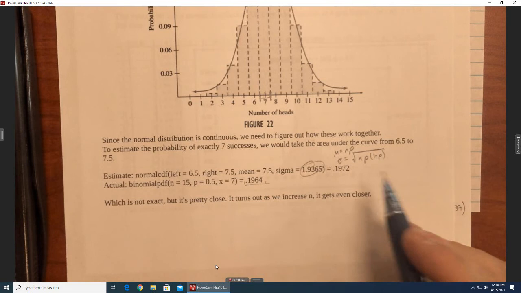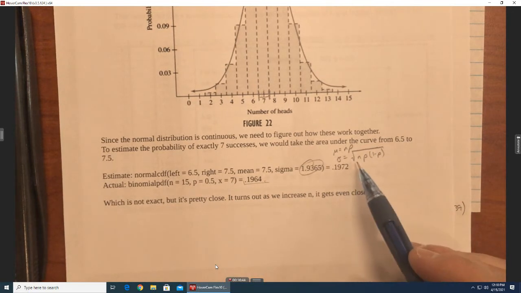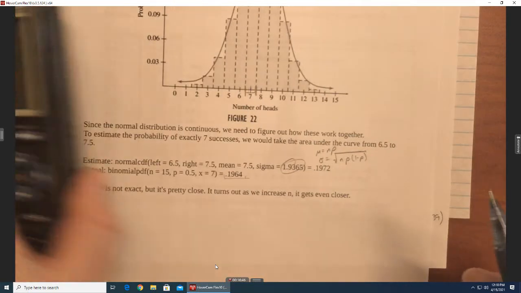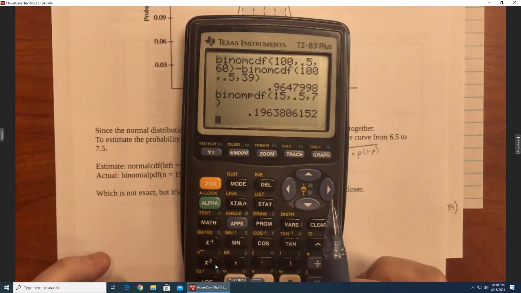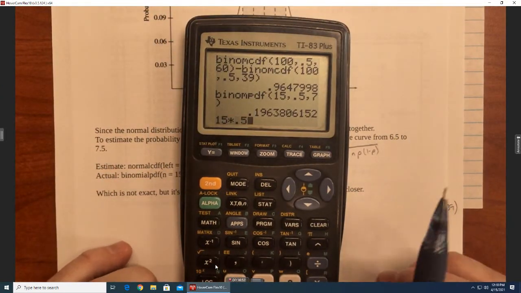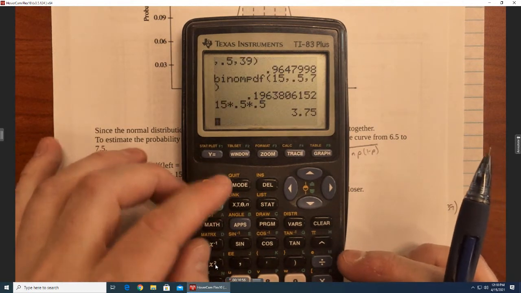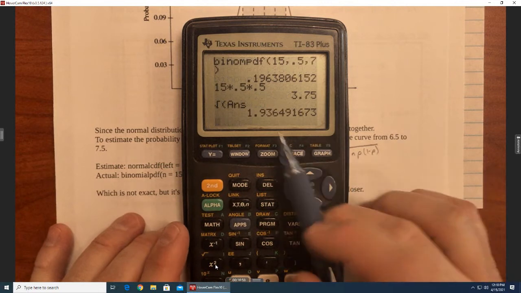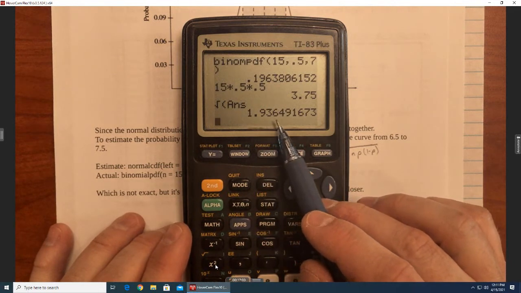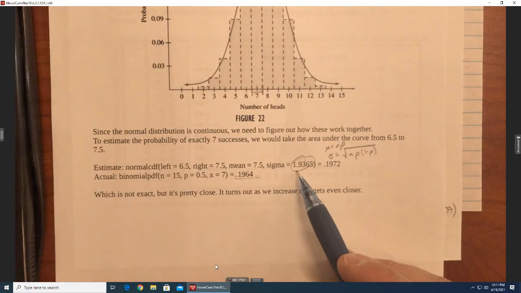So for our binomial distribution here, we take 15 times 0.5 times 1 minus 0.5, which is 0.5 again. Take the square root of it, and we get 1.936. So that's where I got this standard deviation.